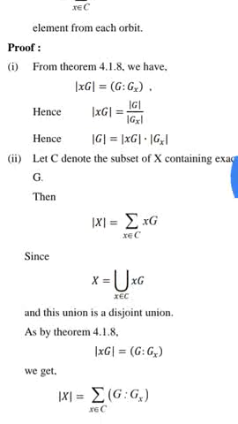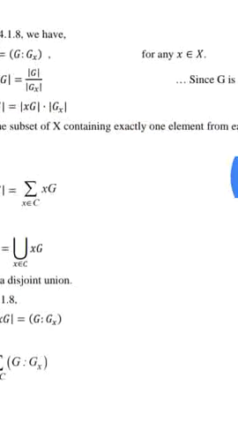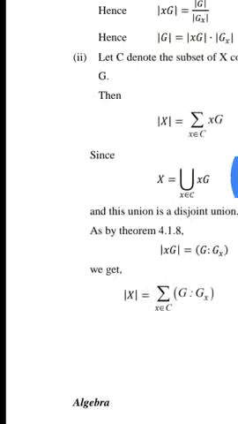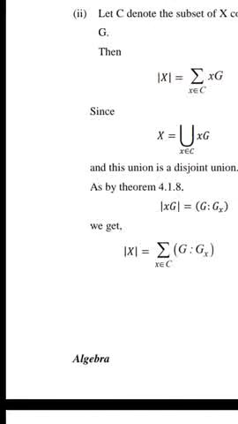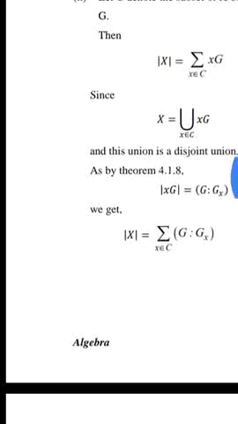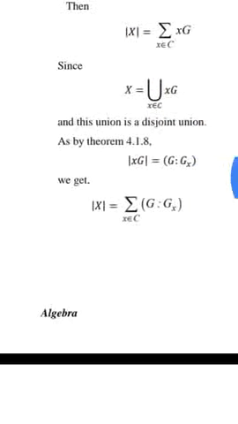Let C denote the subset of X containing exactly one element from each orbit of X under G. Then |X| is equal to the summation of |X_g|, x belonging to C, since X is the union of the X_g, x belonging to C, and this union is a disjoint union.